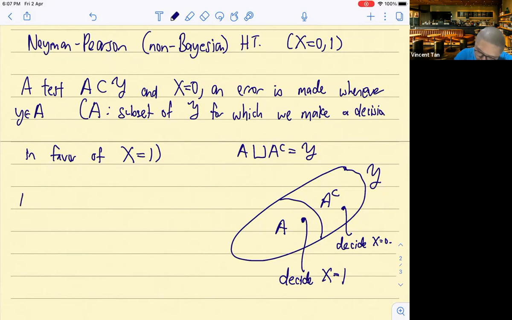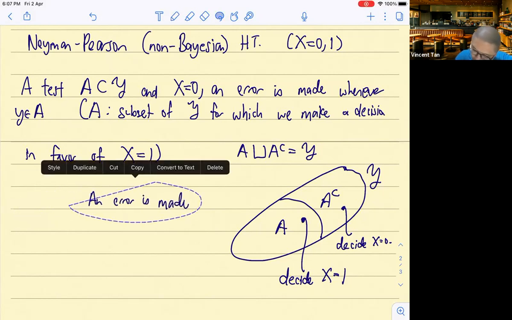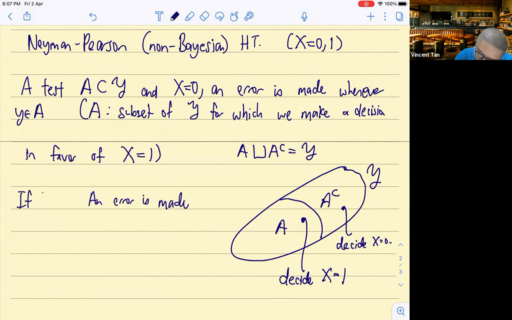So if instead X is equal to 1, an error is made if your observation Y belongs to A complement, all right? Because now you are deciding that X is equal to 0 when in fact X is equal to 1.